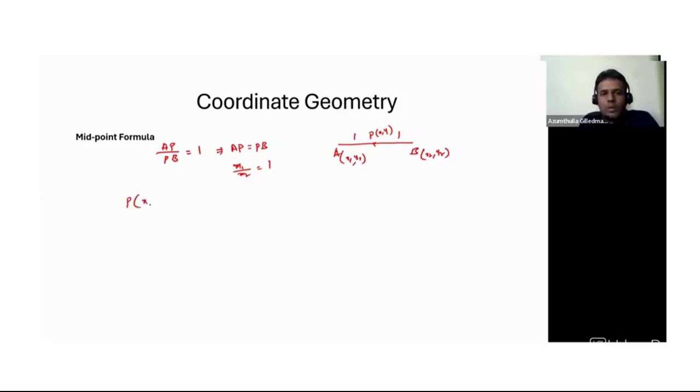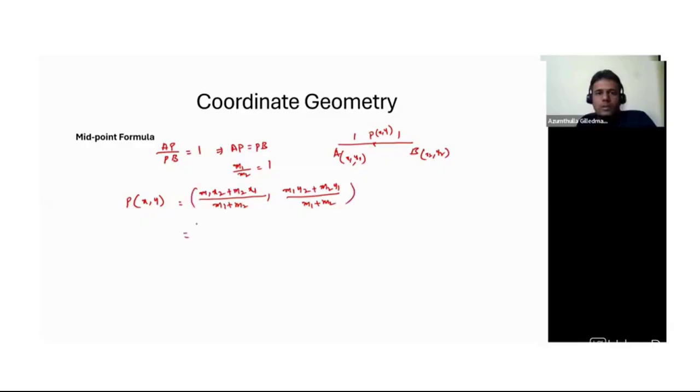What is the section formula? P is x comma y, where x is m1 x2 plus m2 x1 by m1 plus m2, and y is m1 y2 plus m2 y1 by m1 plus m2.